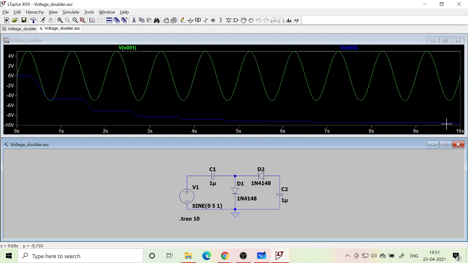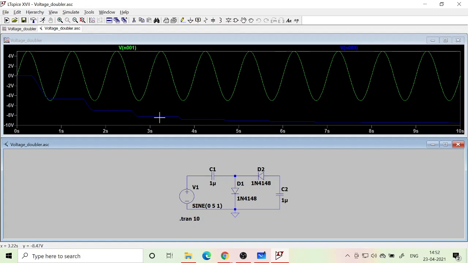What is Vp? Vp is 5. 2 Vp means 10. So minus 10 it should ultimately get. But it gradually reaches there because of the transient part. But steady state, once it reaches after a few cycles, then it remains there without any change.